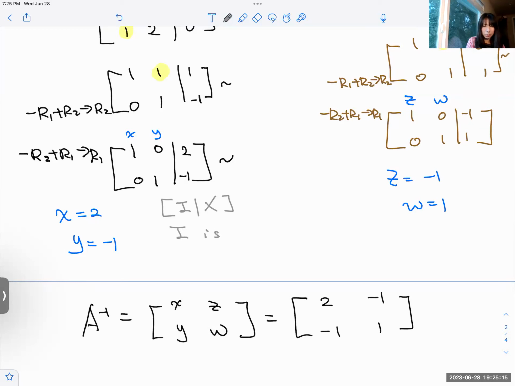I is identity. So X is the column of the inverse in that case. Okay, so we have I and X as well.